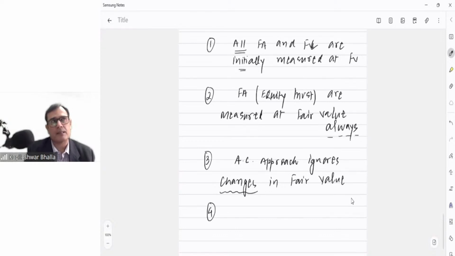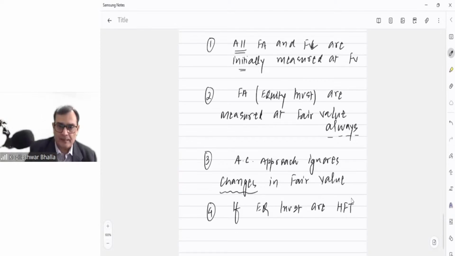Number 4: if equity investments are held for trading, they are always measured at FVTPL.